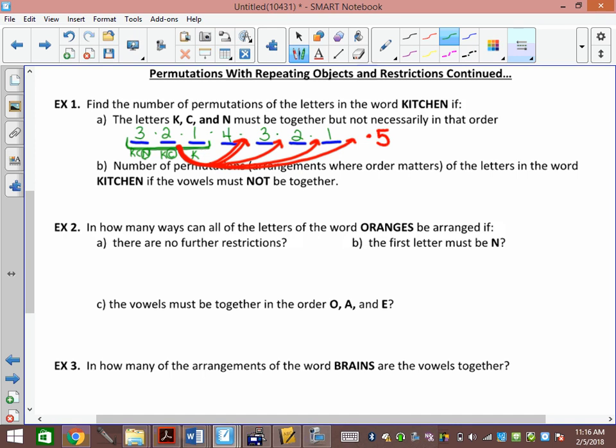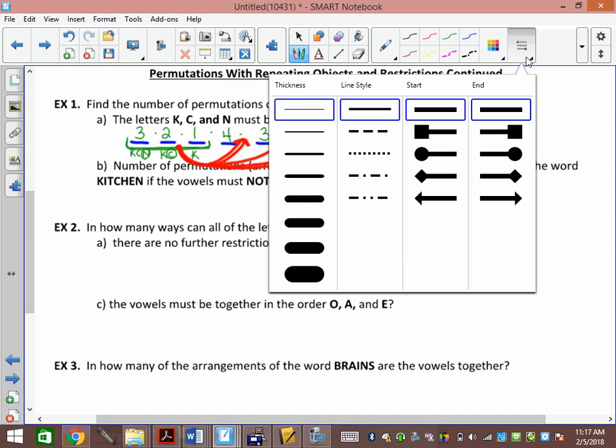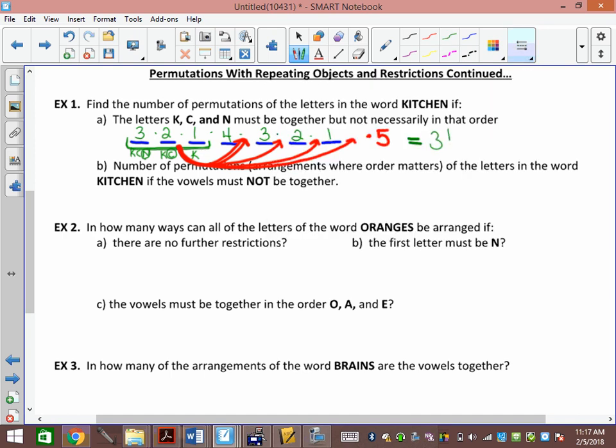Make sense? I can actually write this out now as 3 factorial times 5 factorial. Why? The 3 to 1 at the beginning is 3 factorial. And then the 5, 4, 3, 2, 1 is 5 factorial.